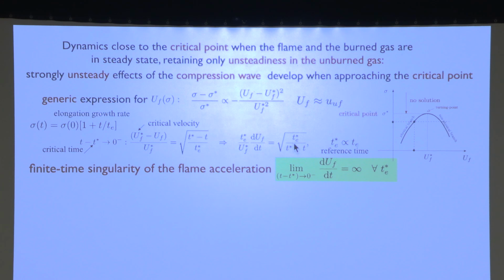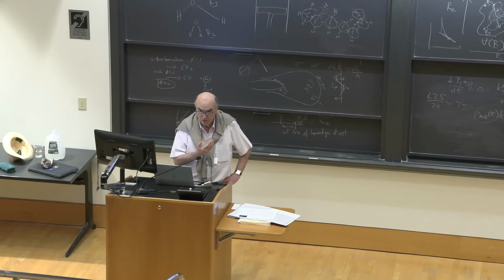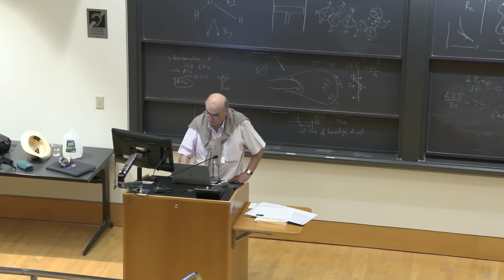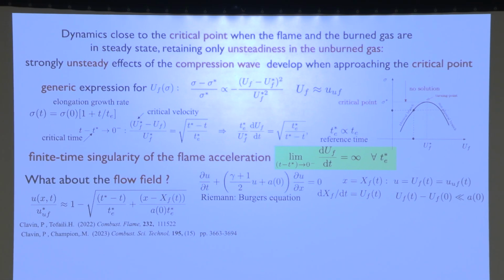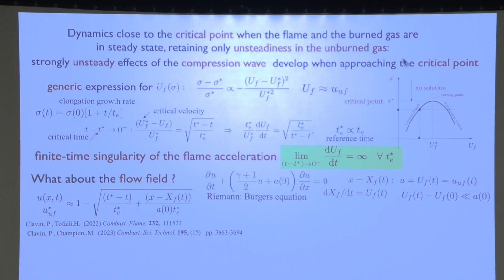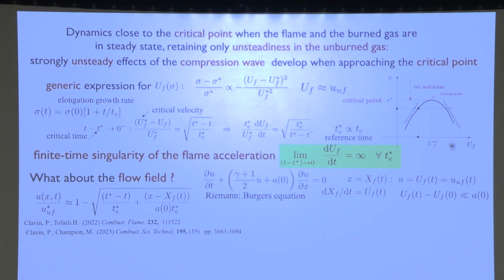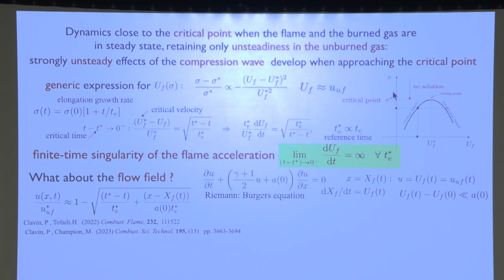So you are expecting a drastic effect, because when you are studying compressible phenomena and you have an acceleration that diverges, you are expecting a drastic phenomenon. And a first indication is this equation for the flame speed, uf, in terms of the elongation, in terms of time. Sigma is like the time here.